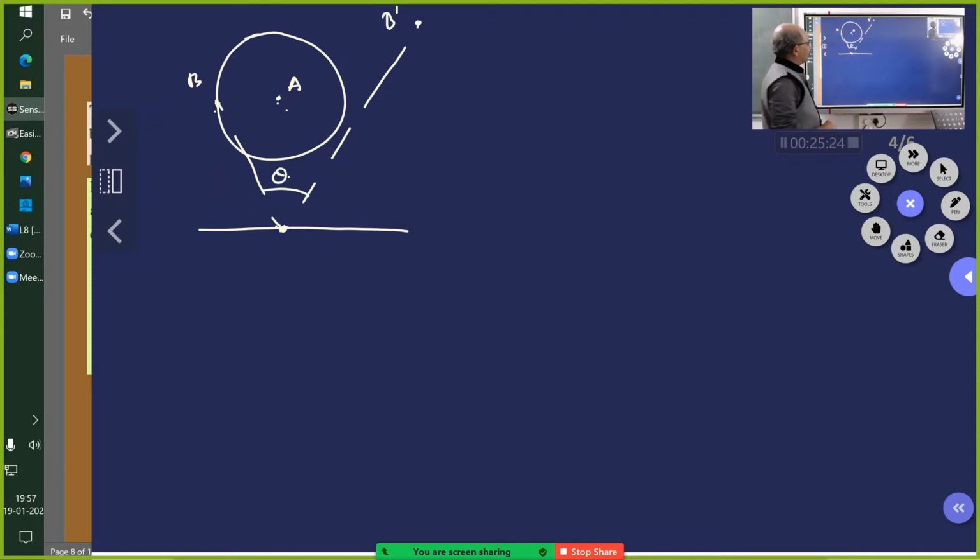B will go to B dash, and A will also go to A dash. Now will the angle made by this line OA, when it becomes OA dash, be the same as the angular displacement of the point B? It's a combined motion. That means it is also rotating and it is also translating.